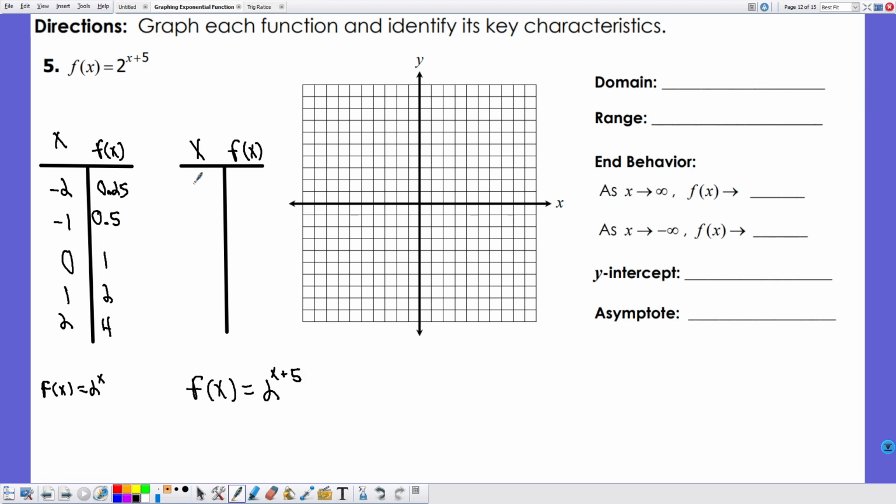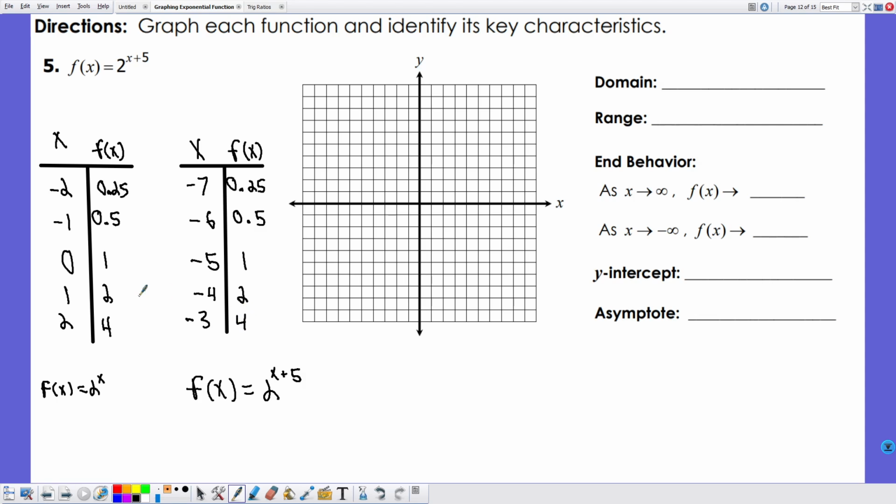So it's not -2 as my x value, it's -7, but I'm still keeping the same f of x value. Now -1 and 0.5 go to the left 5 spaces, you're at -6, but you still have that same f of x value. Instead of 0, we have -5, but we're still at 1. -4 will give us 2, and -3 will give us an f of x of 4.